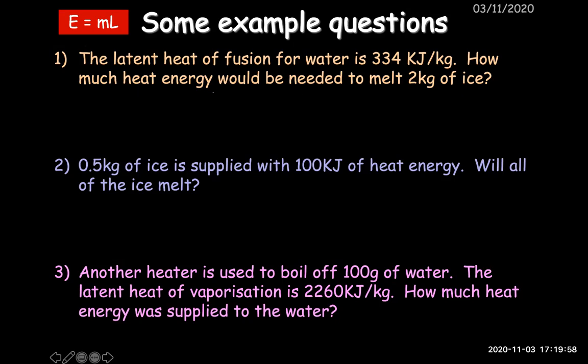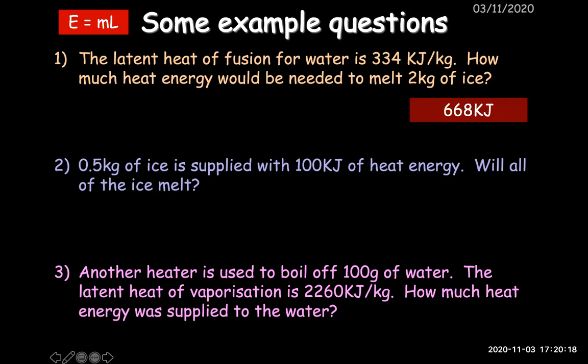You don't need to worry about the three extra zeros as long as you're answering in kilojoules as well, because that's the L. 2 kilograms is the mass, so it's doubling it.